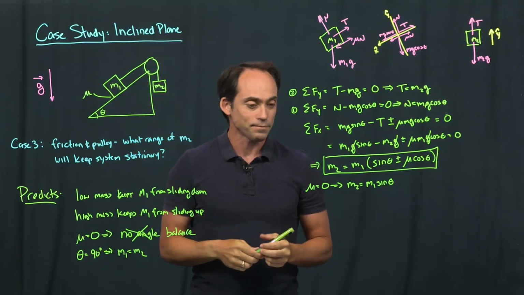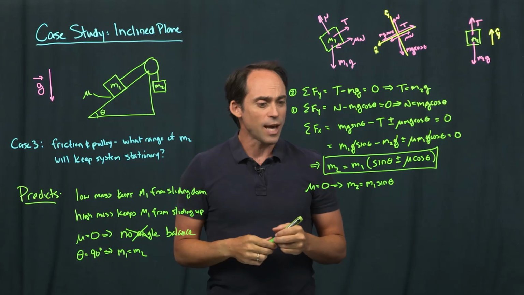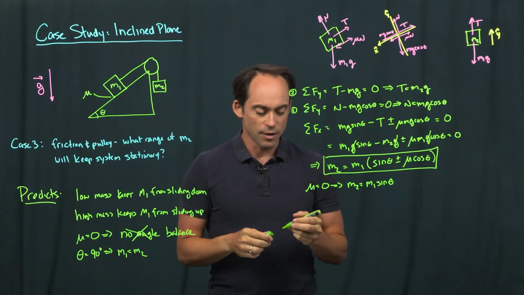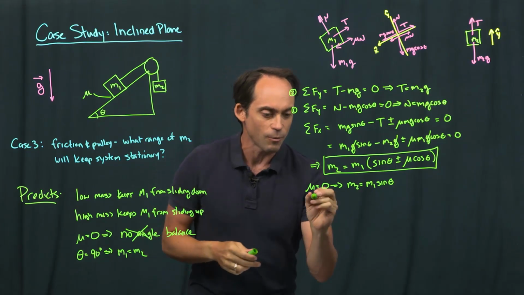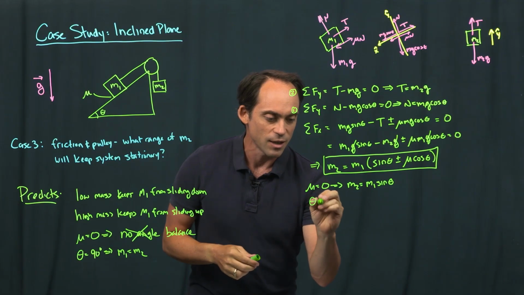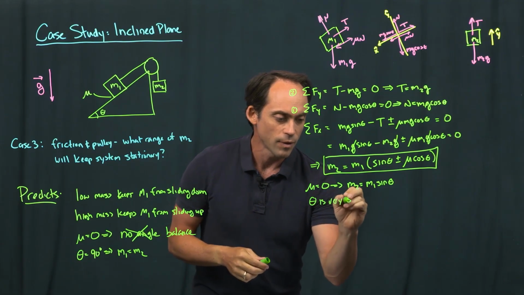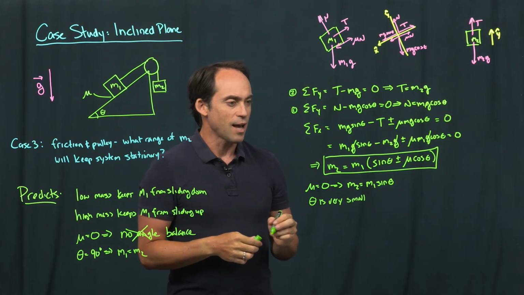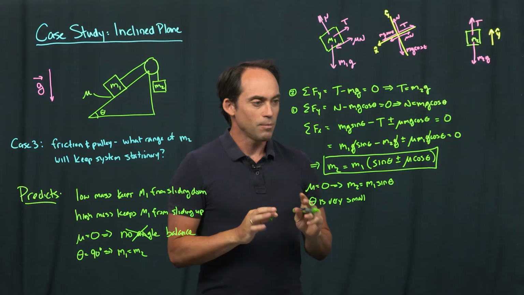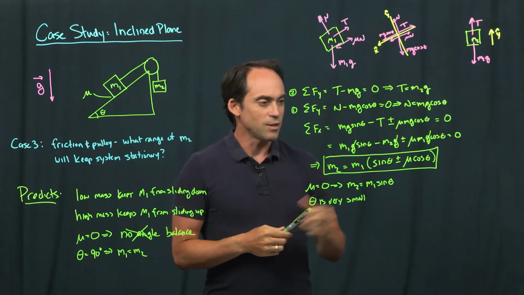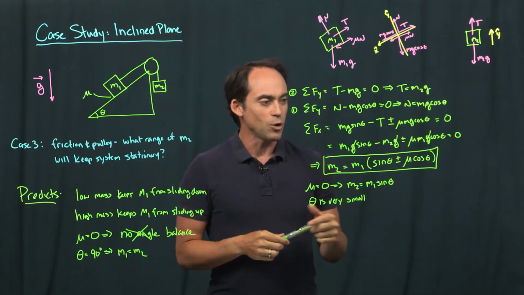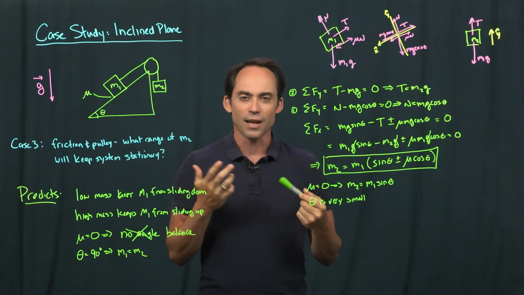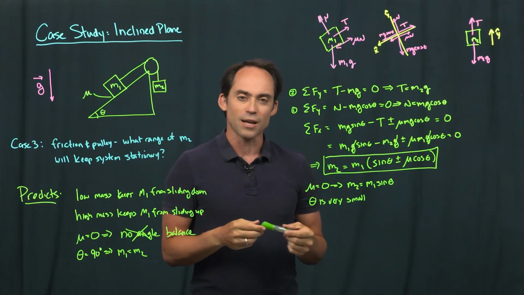We can also look at cases where theta is very small. In that case, the sine theta term becomes very, very small, and if we subtract mu cosine theta, we get a negative mass, which seems strange.